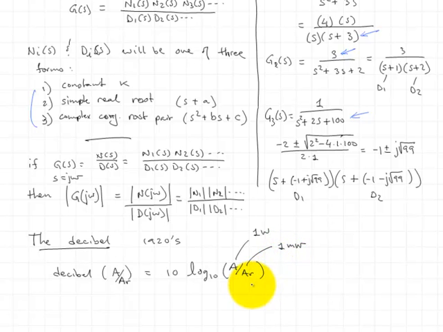Take the log base 10, that would be 3, and this would evaluate to 30 decibels. And we might say 30 dBm.